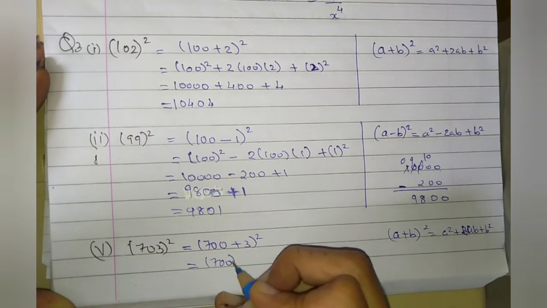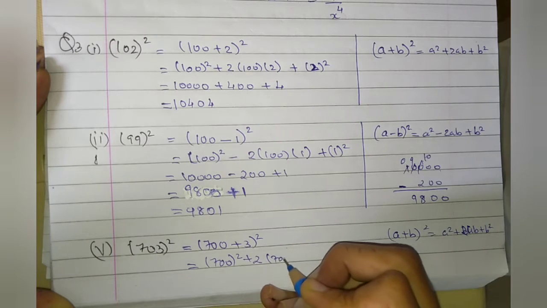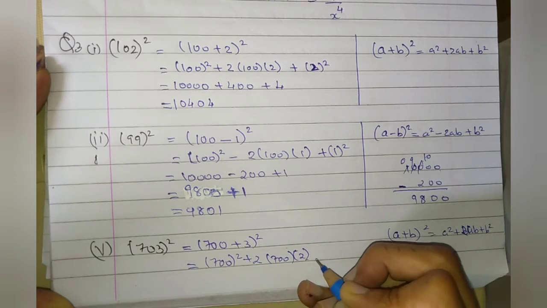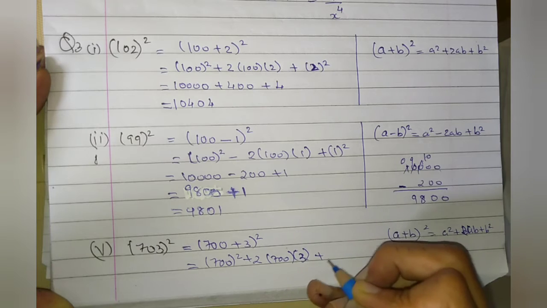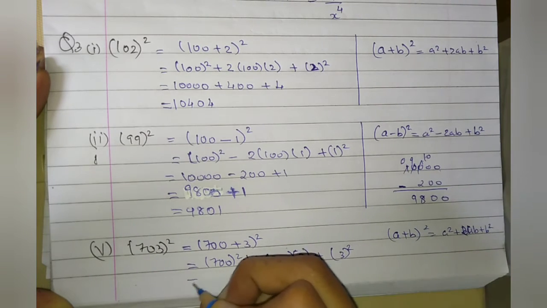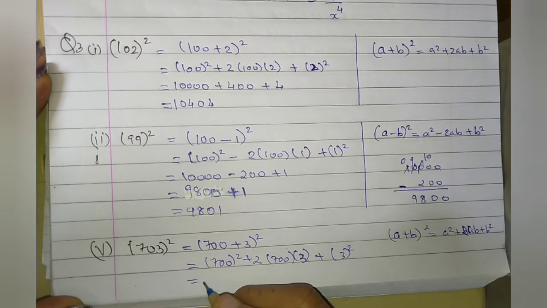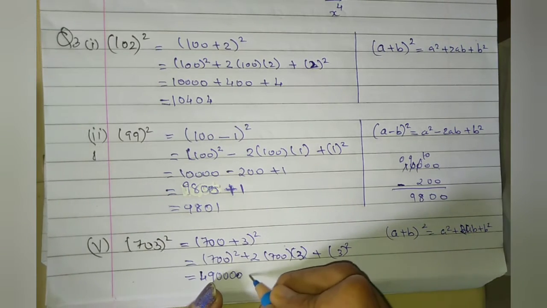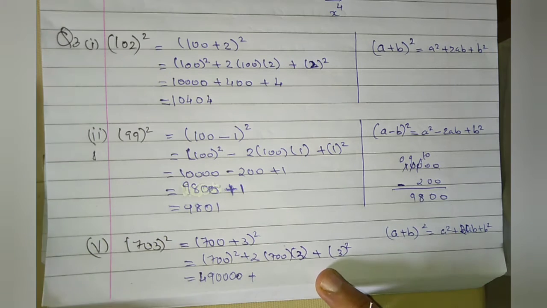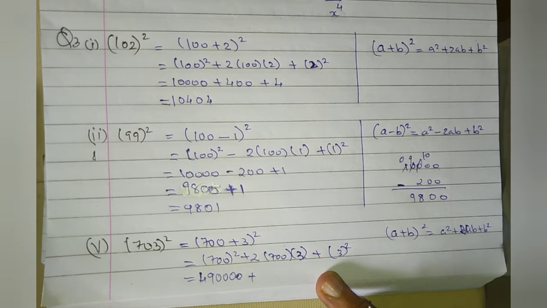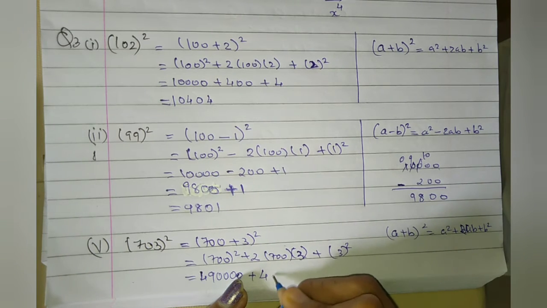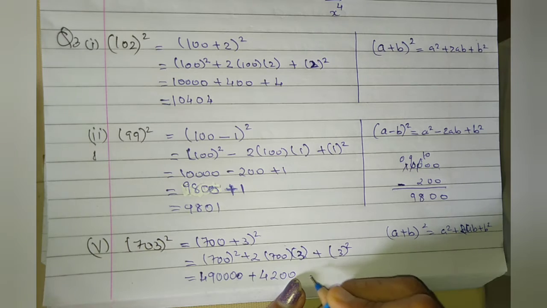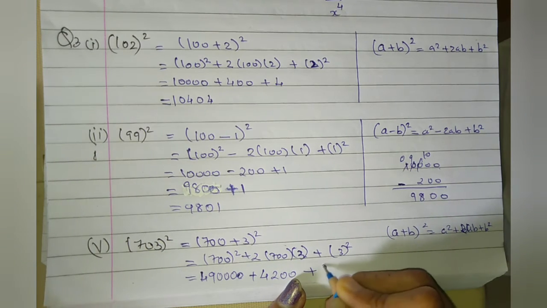So 700 square plus 2 into 700 into 3 plus 3 square, which is equal to 7 into 7 is 49,0000, plus 2 3s are 6 and 6 into 700 is 4200, plus 3 3s are 9.